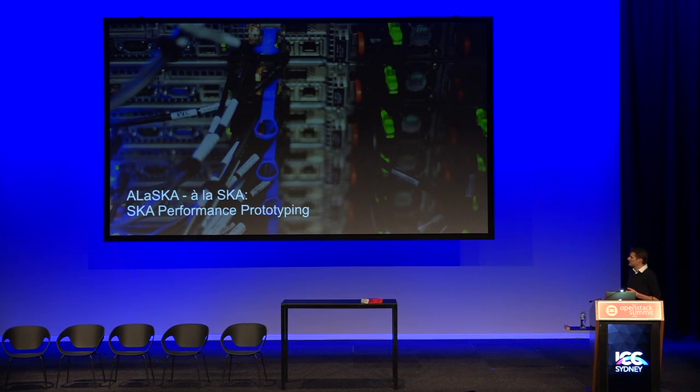So the SKA is a massive project, and this is my small corner of it. With Cambridge University, we've been working to develop a system called Alaska, which is a performance prototype platform. The purpose of this machine is to inform the decisions on the architecture of the production system.